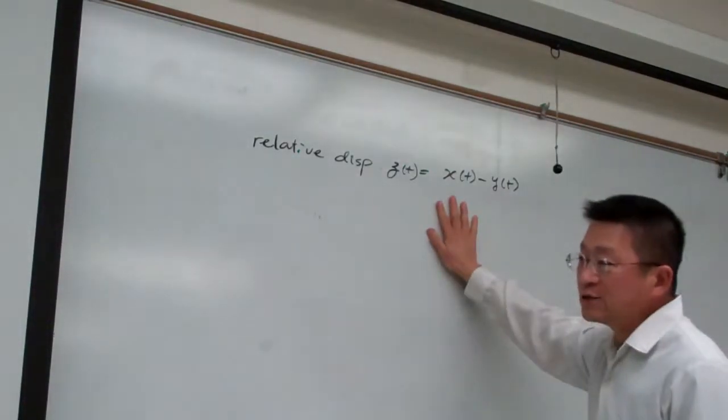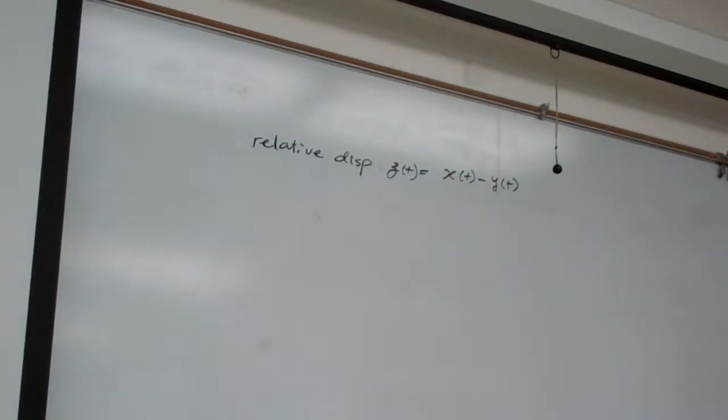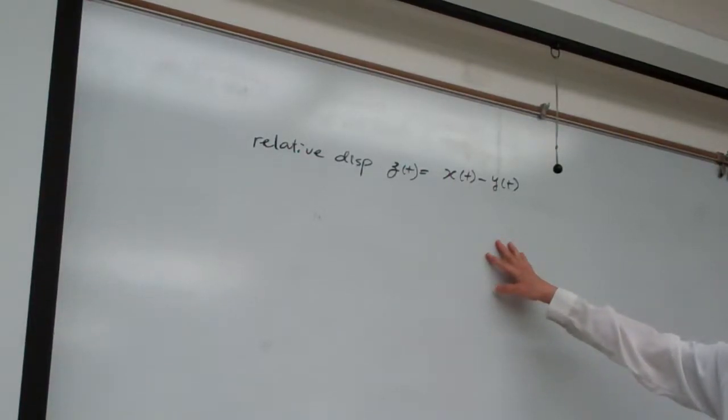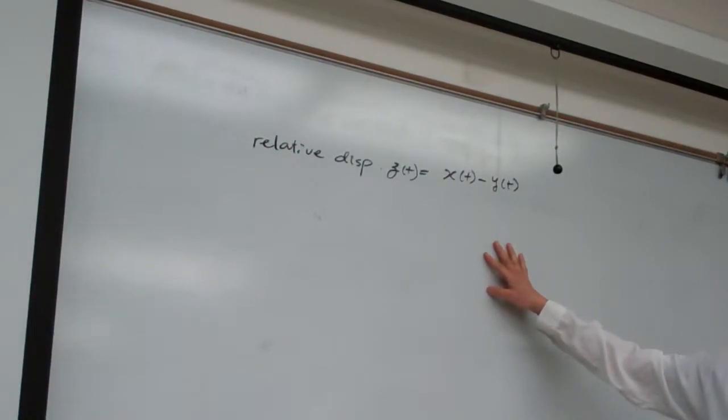You might wonder why we want to come up with this one, and there's a reason. Today we have applications about different sensors, and one of the sensors is the accelerometer, a sensor to measure accelerations.